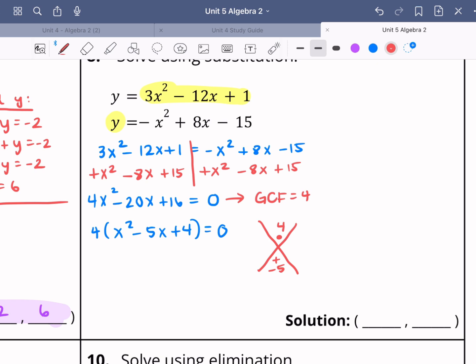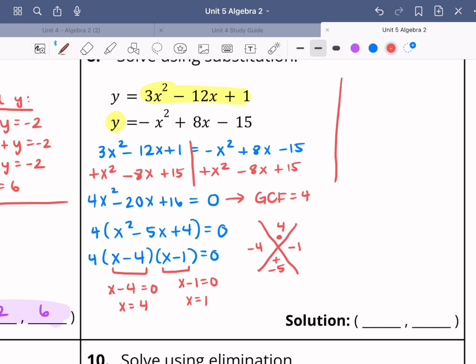So my two magic numbers end up being negative 4 and negative 1. So when I factor, I have x minus 4 and x minus 1. From here, I use each of my individual factors to find x. So in this case, x equals 4. In this other one, x minus 1 equals 0, so x equals positive 1.